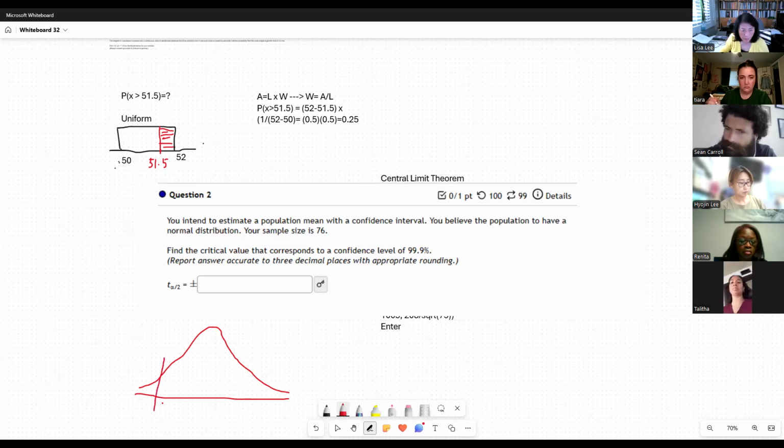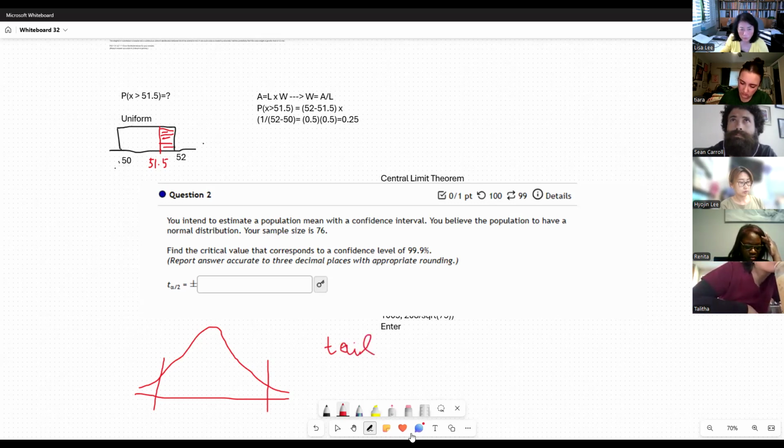So let's divide here the tail. That's what we call tail. In statistics, we always like to use this word, tail. So on the right side here, the bounding area, I'm going to shade the area on each side here.